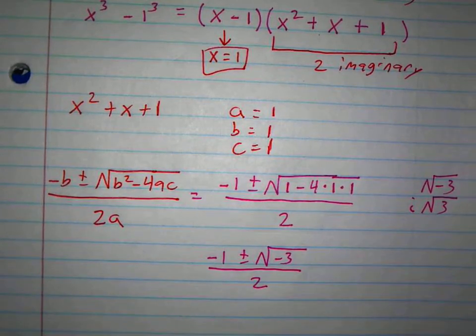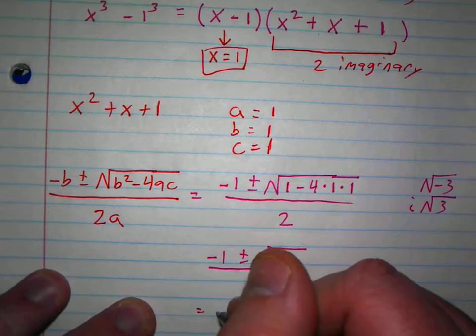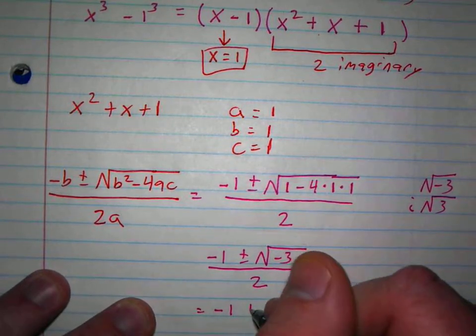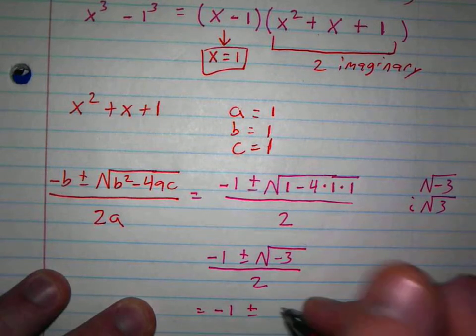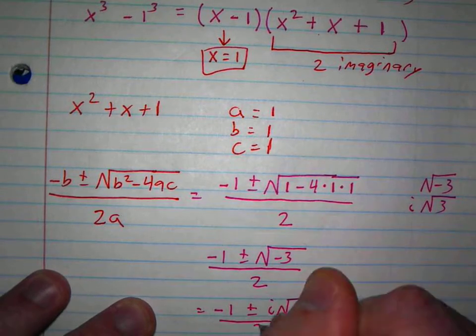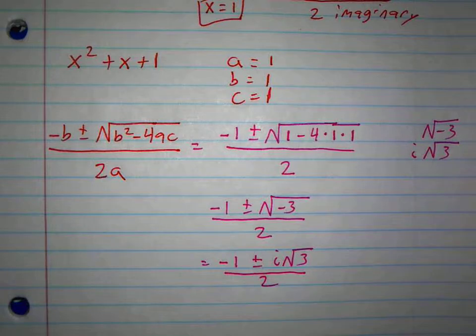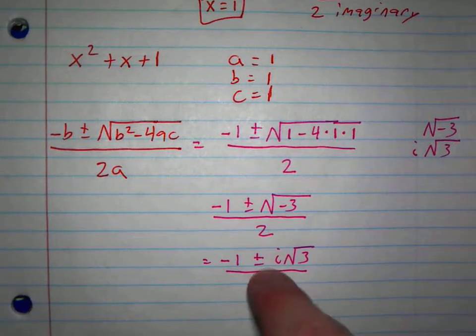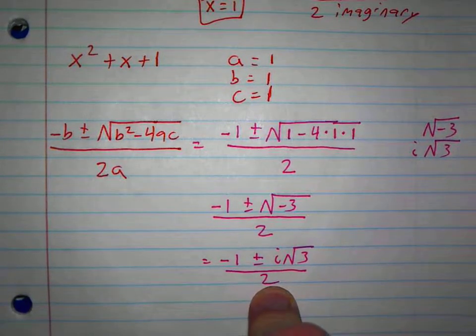And 3 doesn't break down any, it's prime, right? So then I get negative 1 plus or minus i square root of 3 over 2. There's nothing that goes into 1, 1, and 2 besides 1. So those are my 2 imaginary solutions, and it's reduced.